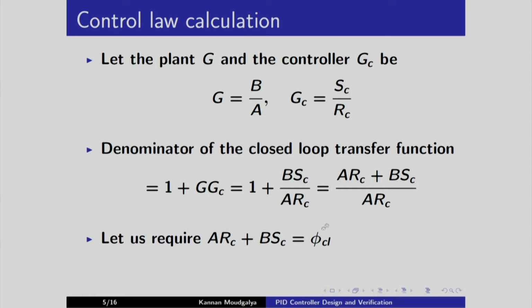Now we require ARC plus BSC to be equal to the closed loop characteristic polynomial that we derived in the previous slide.